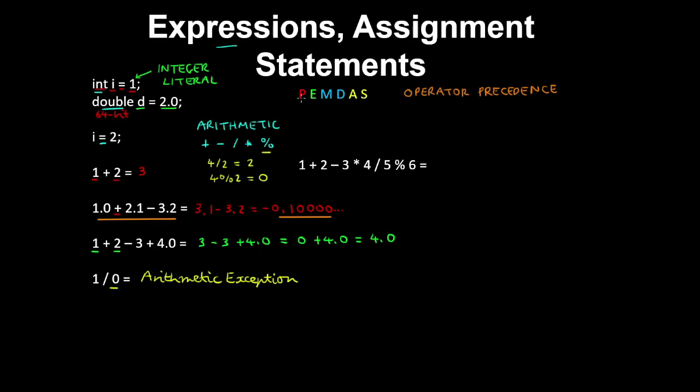And to do that, we use PEMDAS, so the parentheses are evaluated first, followed by the exponents, square roots, and so on, and then followed by multiplication and division, which have the same precedence, and then you have addition and subtraction being last.